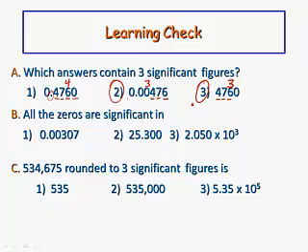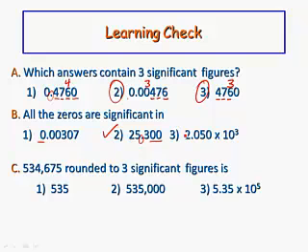In B, all the zeros are significant in. Okay, this one, anytime we've got a 0 that's to the left of the decimal point, that's accenting the decimal point there, and so that would not be significant. Here, these 2 are trailing zeros, and there is a decimal point in the number, so these are there to show the precision of the instrument, so those zeros are significant in that value.